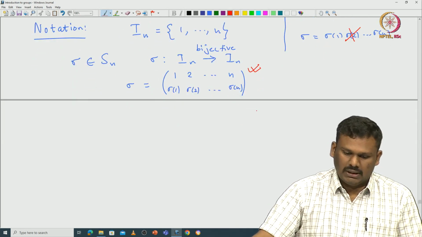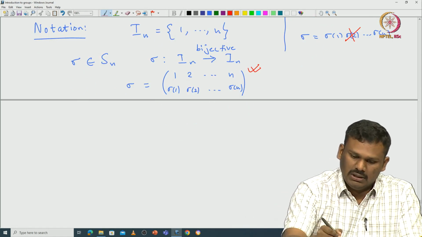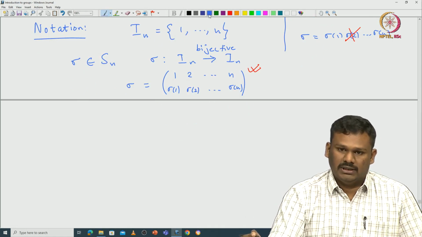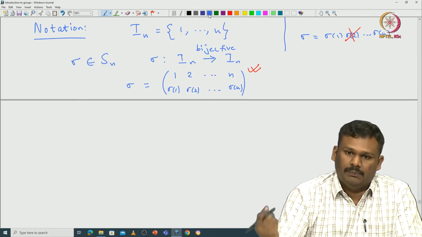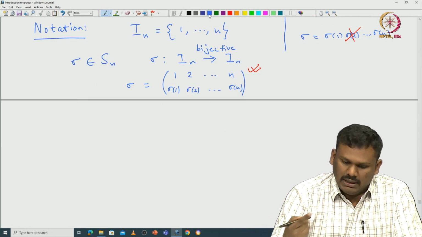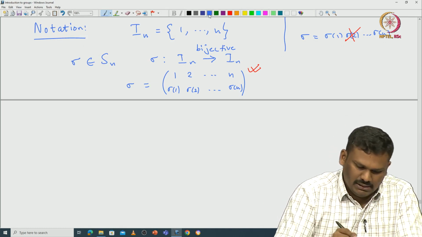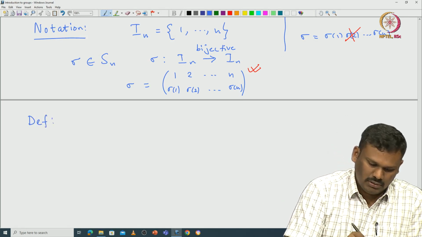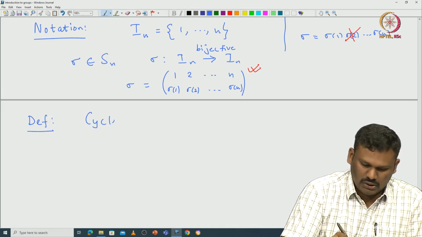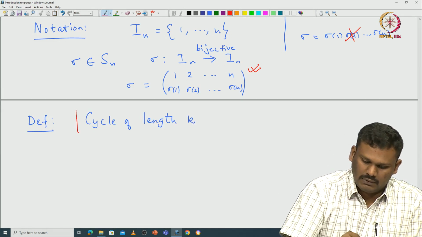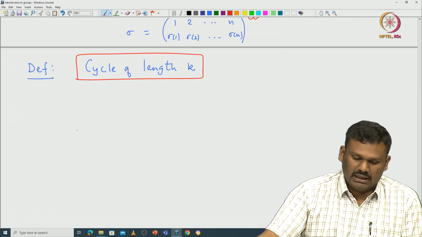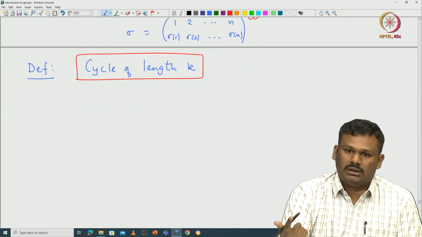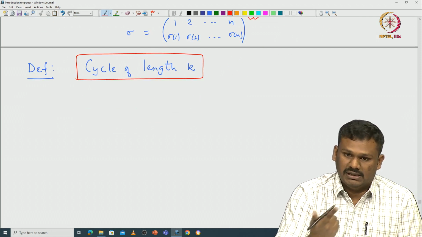Now recall what a cycle of length k is. It is a very specific element of the symmetric group which permutes some particular indices cyclically. Let us define it properly. Here is the definition. A cycle of length k by definition should permute k many indices cyclically.